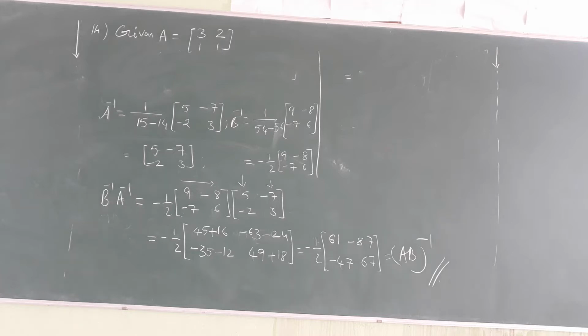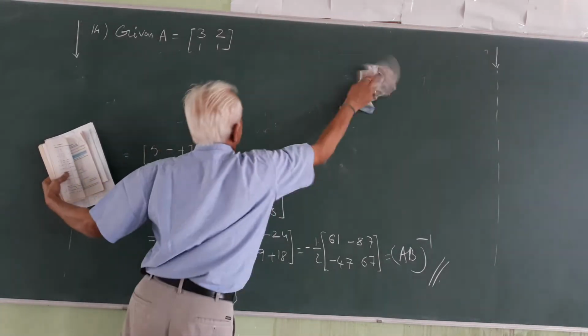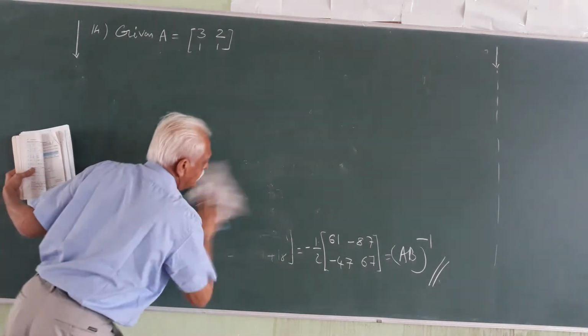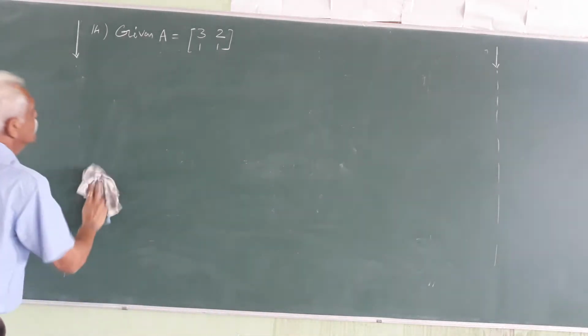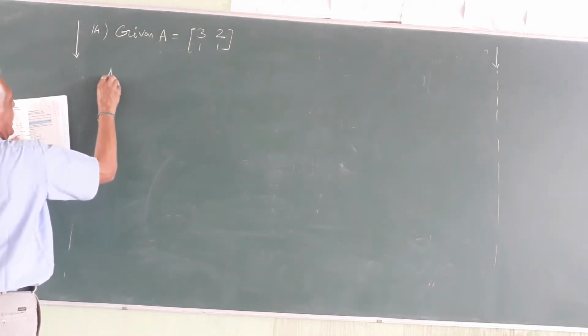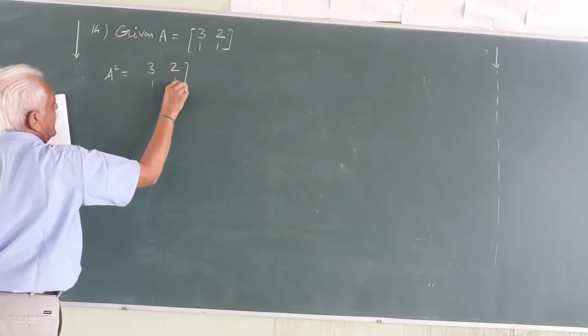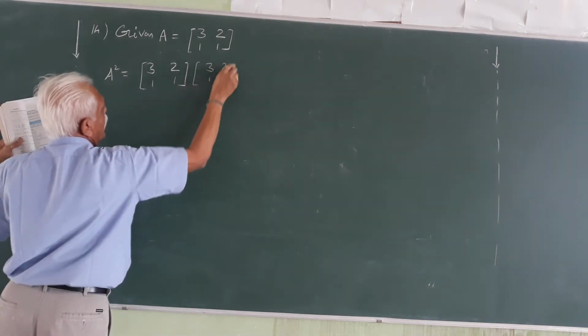So what we require is A square. A square is equal to [3, 2; 1, 1] into [3, 2; 1, 1].